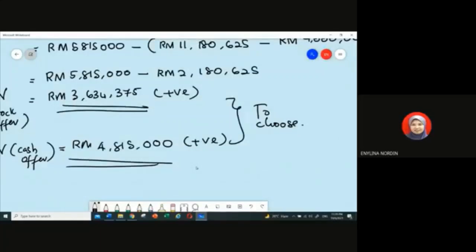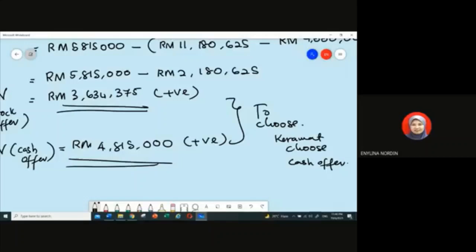Therefore, Keramat should choose cash offer. If the question asks whether Keramat Berhad should proceed to take over or acquire Wangsa Setia, the answer is yes, because both NPVs are positive.